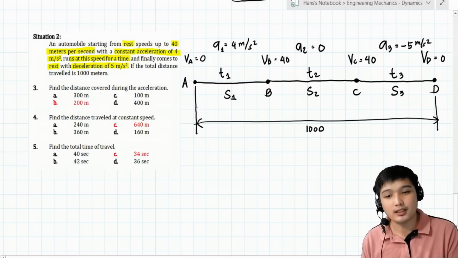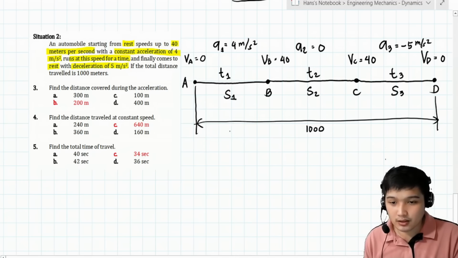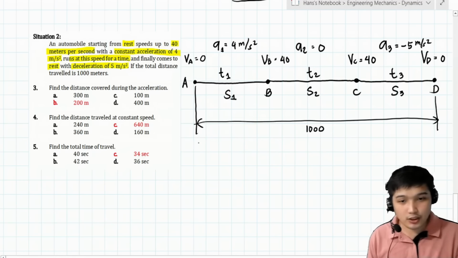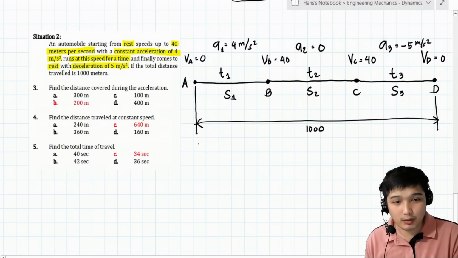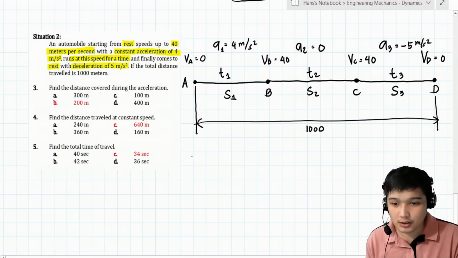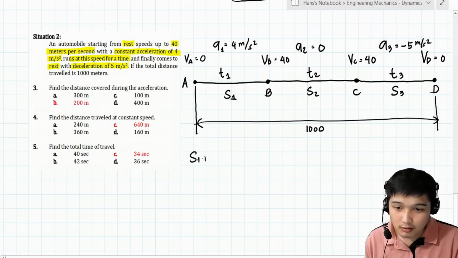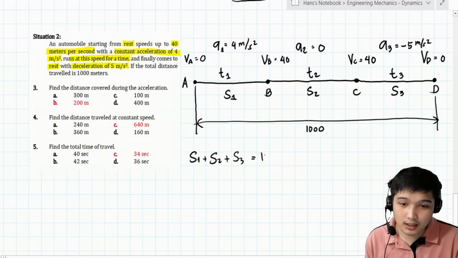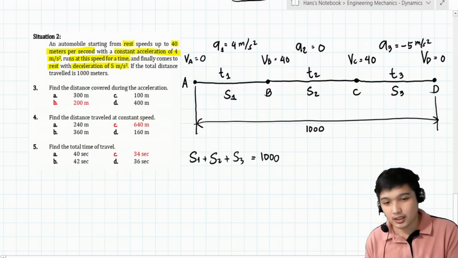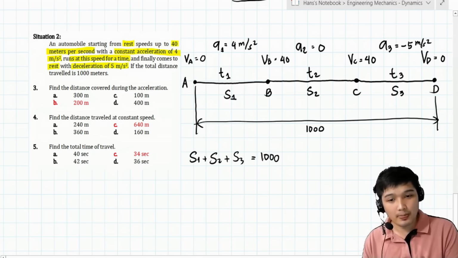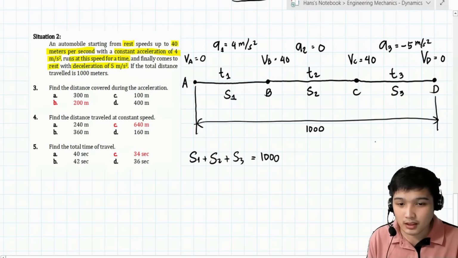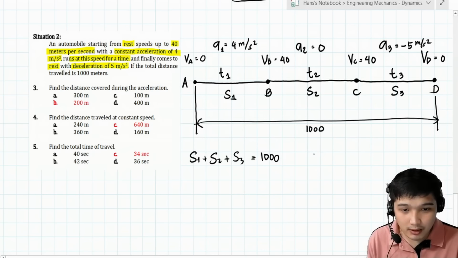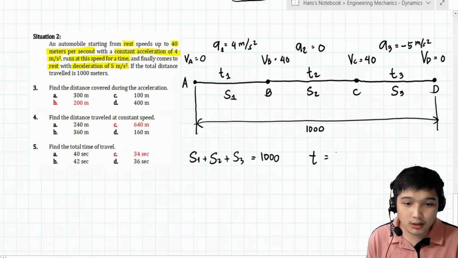Let us first write the relationship between the distances S1, S2, S3. S1 plus S2 plus S3 is equal to 1,000. That is the first relationship we see in the figure. Another relationship: the total time t is equal to T1 plus T2 plus T3.